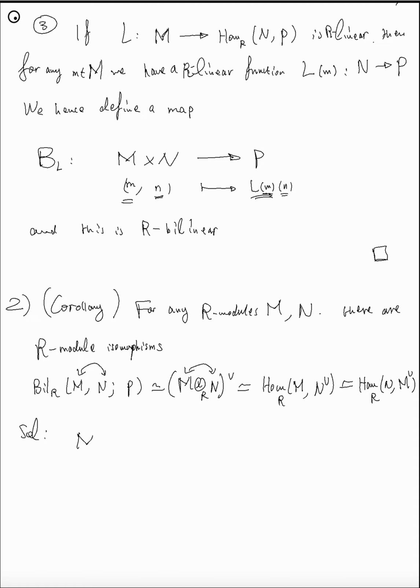The argument is very simple, as I said. This is isomorphic to this just by symmetry as R-modules. So we're proving all those isomorphisms as R-modules. This is our first part of the exercise.